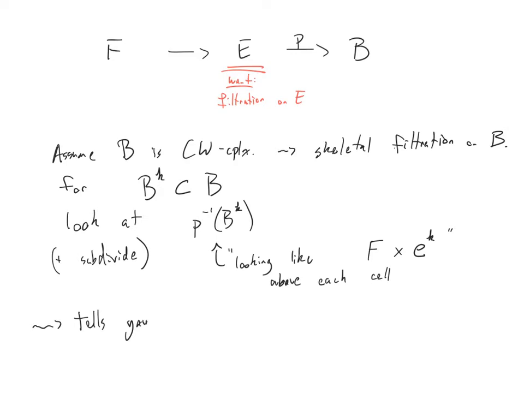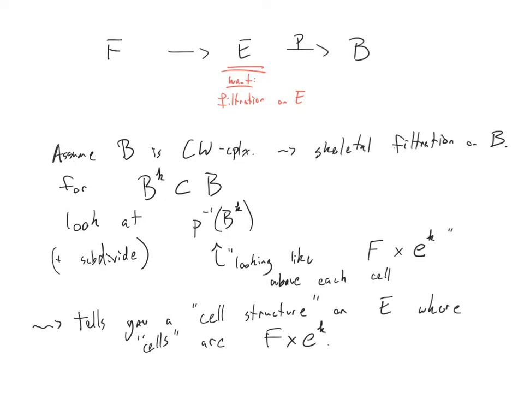So it tells you a cell structure on E where cells are copies of F cross e_k.